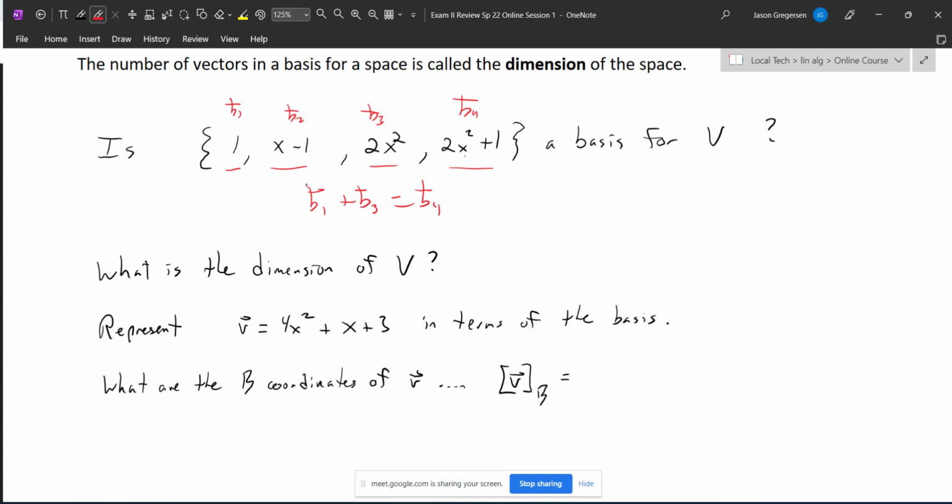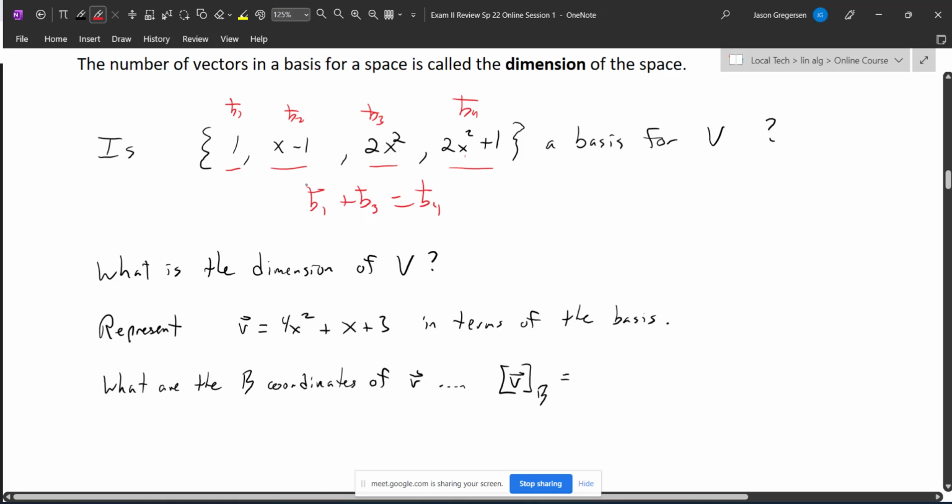I actually don't need it to build all of the vector space. So in this case, this set of 4 vectors is linearly dependent and would not be a basis. However, if I removed B4 and just looked at the set of vectors B1, B2, and B3, that would be a basis for our vector space P2.